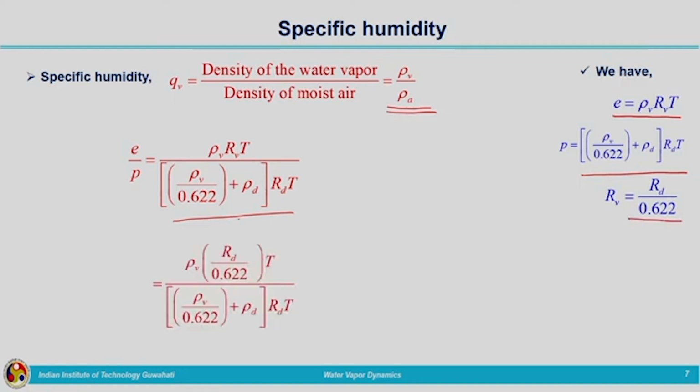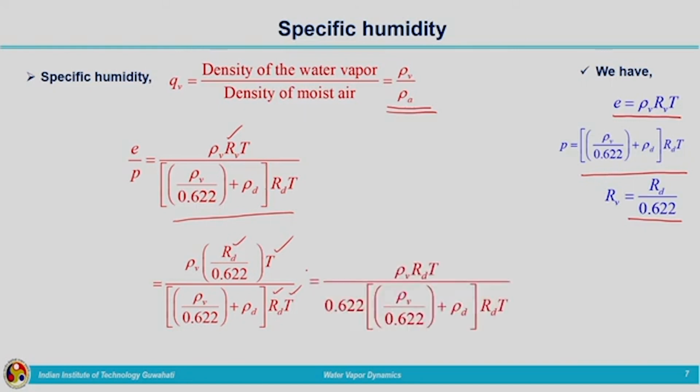Now you have Rd T in the numerator and denominator, that will get cancelled. So this is the expression which we have now.